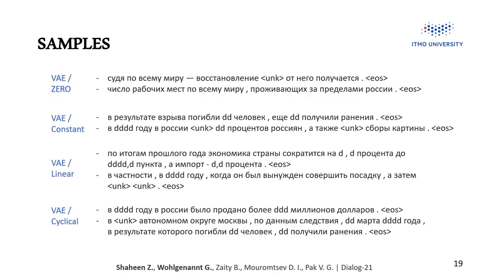Here we show samples from each model. The zero scheduling of variational autoencoder, which produced the best perplexity on test set, the constant model, which produces a low number of unique sentences, the linear and cyclical annealing, which produced the best models in terms of grammatical correctness.